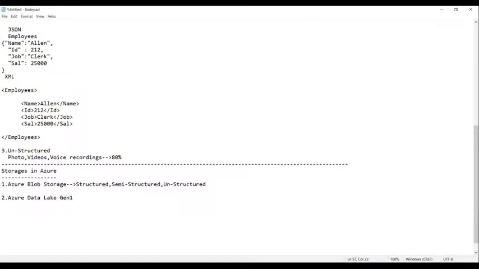It stands for Azure Data Lake Gen 1. In Gen 1, we are basically not allowed to create it now because this is going to retire.